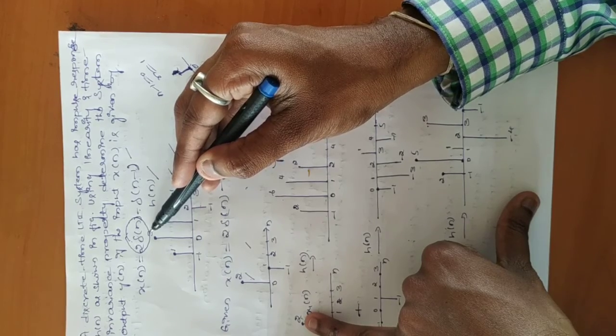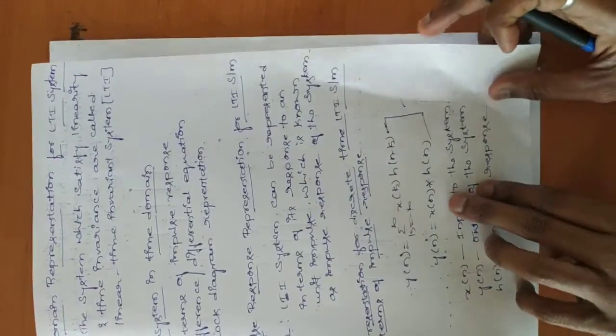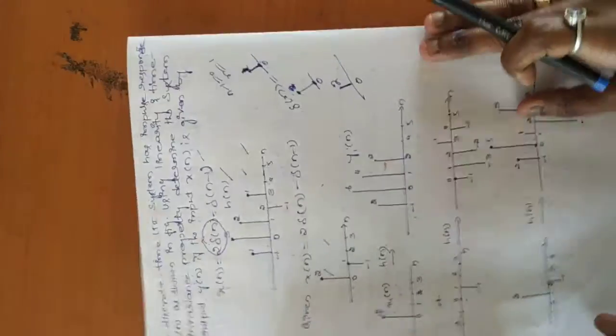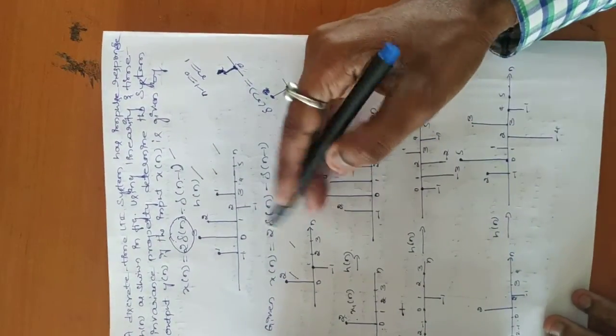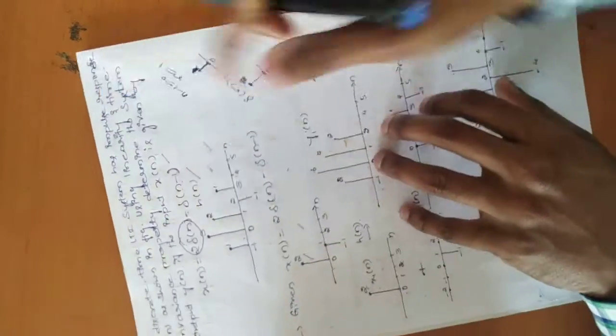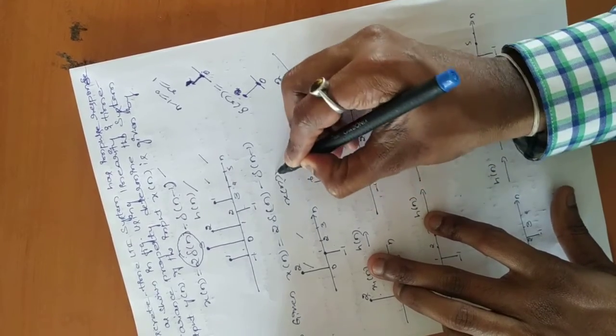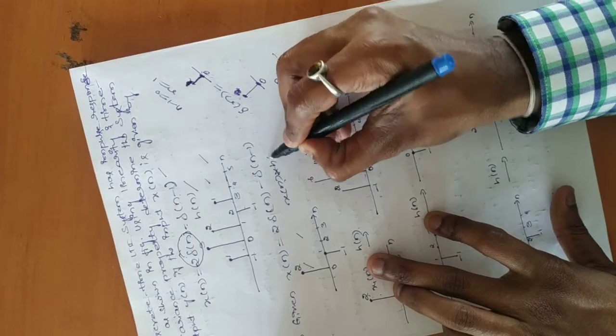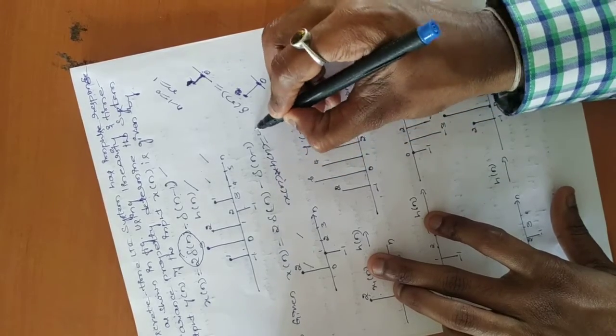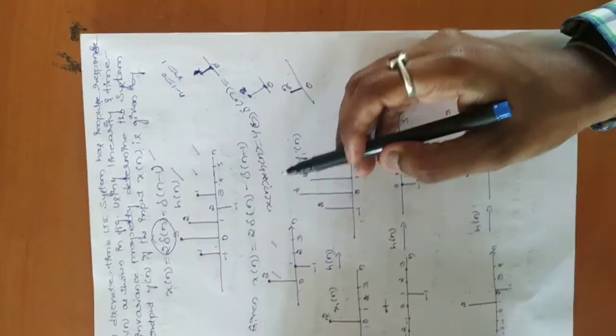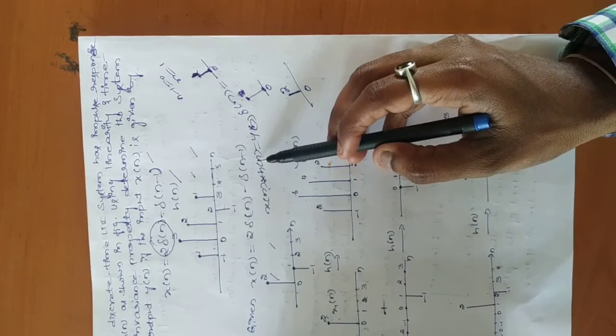Why am I multiplying? Because we are having an equation that is x of n into h of n. That's why I am multiplying both the signals. Use that equation, that is x of n convolution h of n is equal to y of n. So x of n convolution h of n.